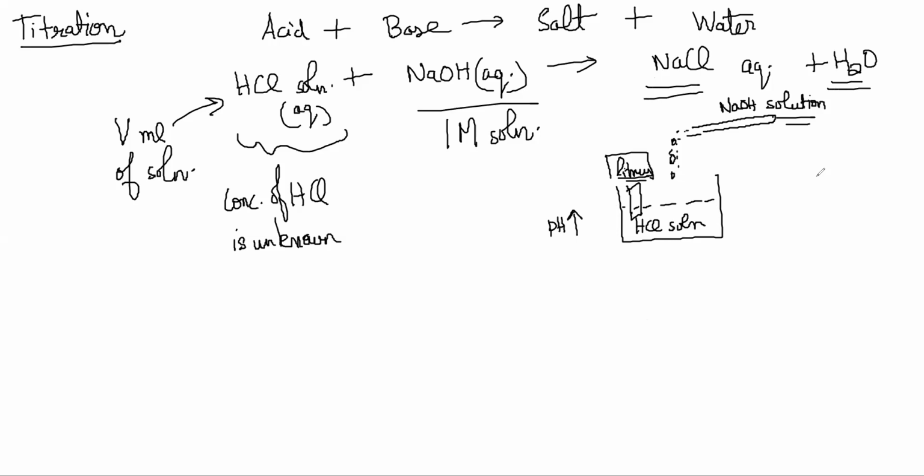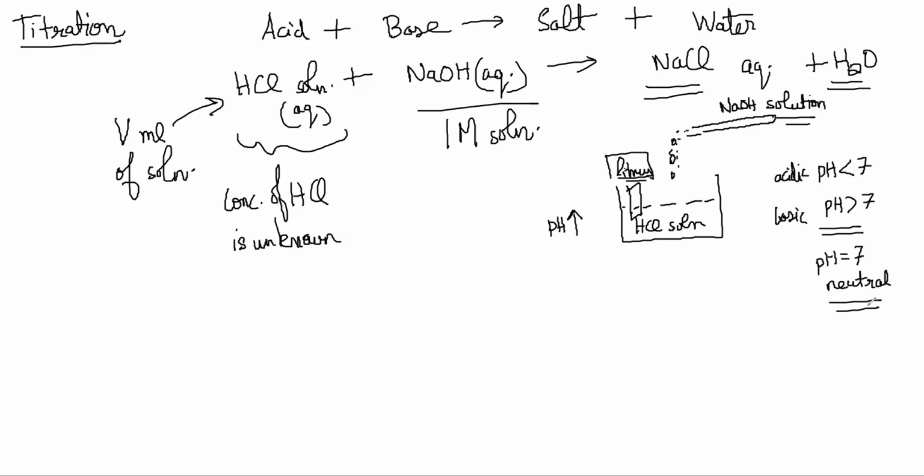You know that the pH of an acidic medium is less than 7, for basic compounds the pH is greater than 7, and pH is equal to 7 when you are neutral, right? So what I will do is, drop by drop I will add NaOH slowly, and I will keep watching the litmus paper.